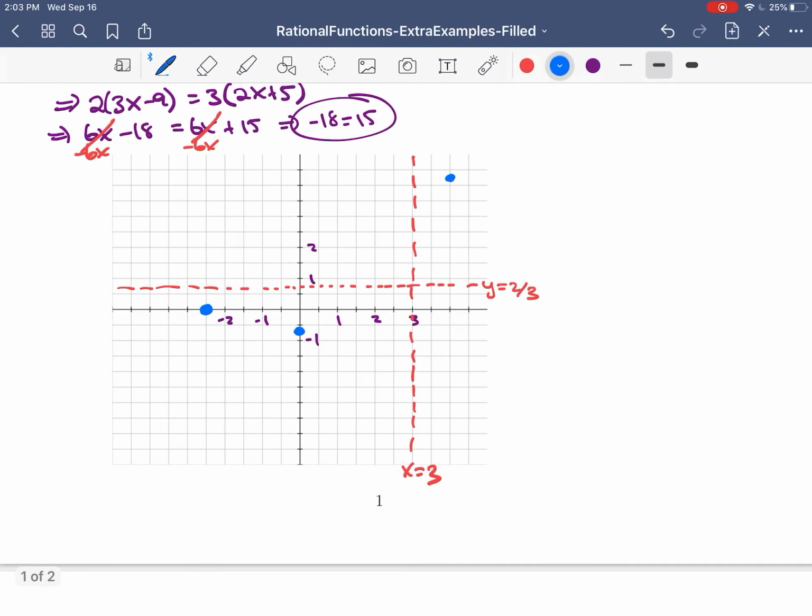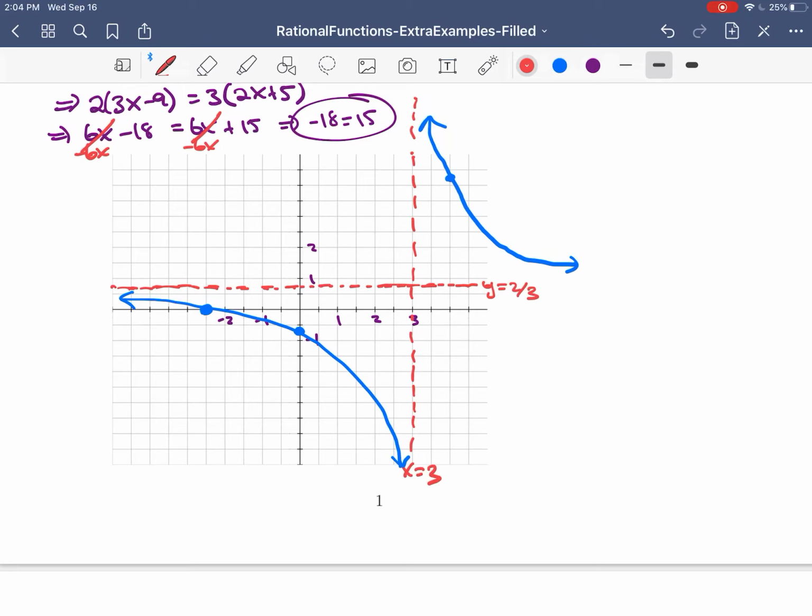And we know that this is sort of like a 1 over x reciprocal function. So I think the graph is going to look something like this and something like this. We know that we can't cross the vertical asymptote, and now we know that we can't cross the horizontal asymptote.